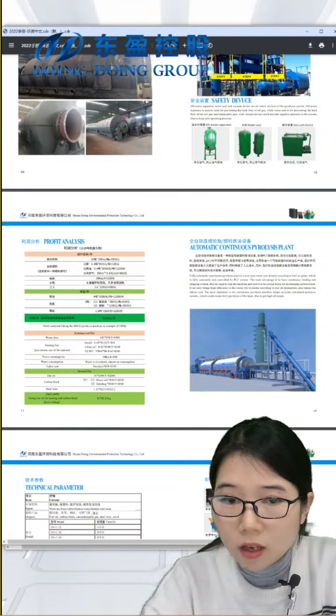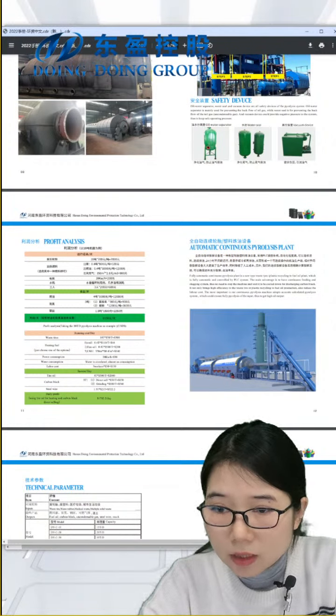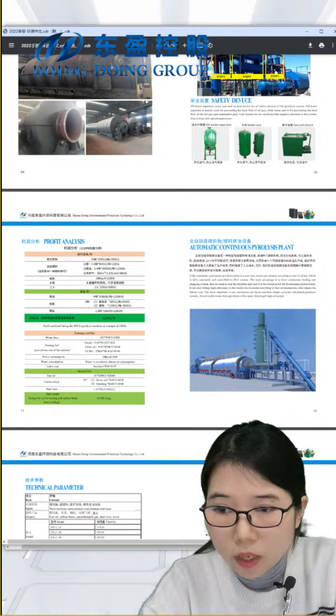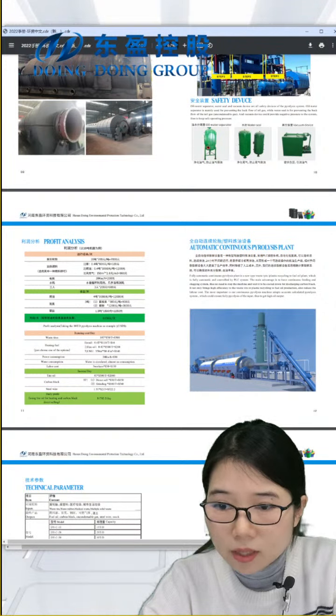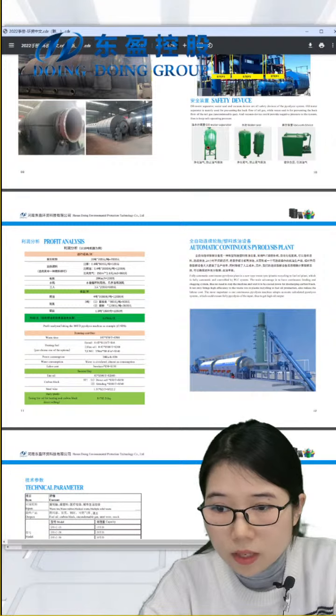Oh, I see a customer who is asking a question. Can the diesel produced be used in modern common rail diesel cars? Actually, the diesel we get from tires and plastic is a kind of non-standard diesel. So if you want to use it for cars, maybe you need to mix it with some standard diesel.